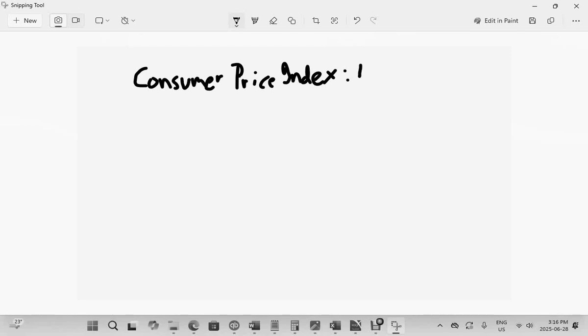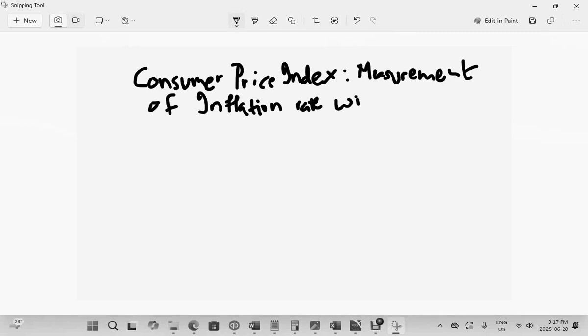It's sort of like the measurement of your inflation rate within a country or economy.